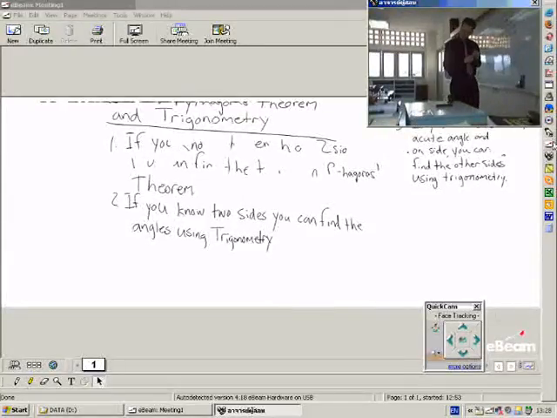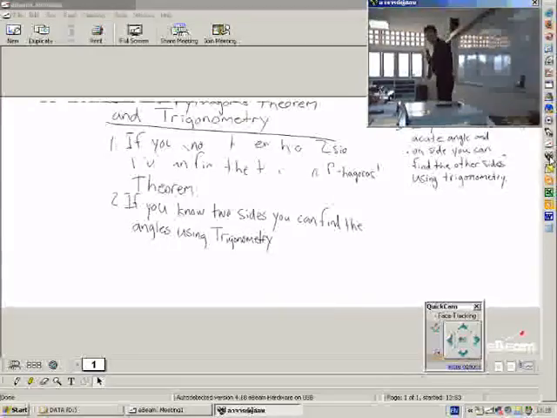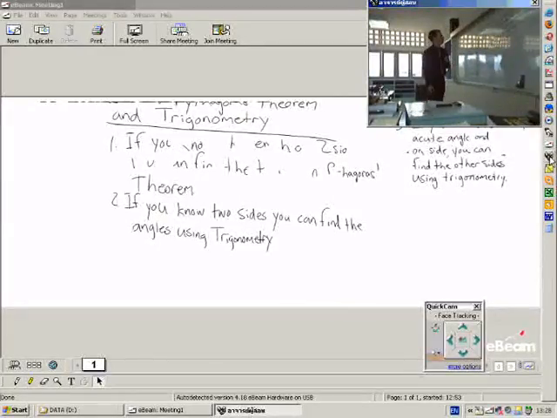So, angles of elevation and depression. Last thing.